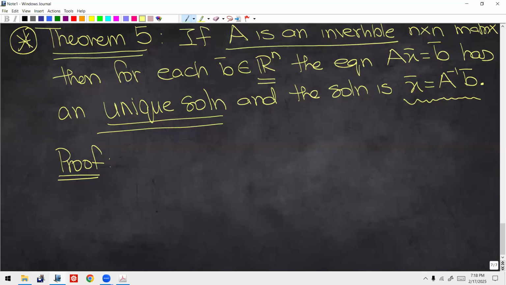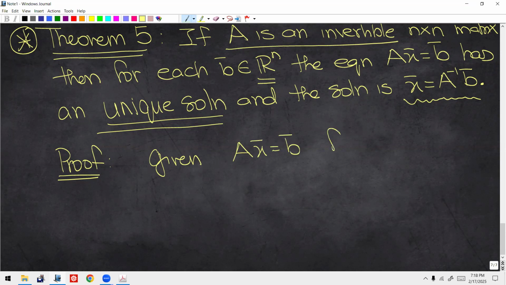So we're given Ax is equal to B. This is the equation we are trying to solve, correct? For each B in Rn. Now, I'm going to multiply both sides by A inverse because A is invertible, I can find its inverse.